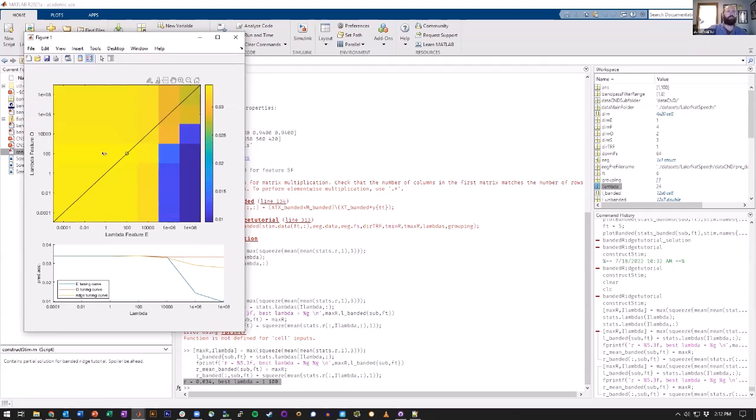We do get a little bit of boost from banded ridge, or at least the solution is not the same as the ridge solution. So along this diagonal represents the ridge solution, where lambda for feature E and lambda for feature O are the same. And so this will be your regular ridge solution, and this will be the banded ridge solution.